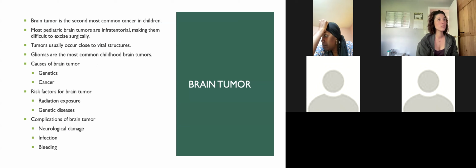Gliomas are going to be our most common brain tumors. They can be genetic causes. They can be caused by other forms of cancer that metastasize. Our risk factors are going to be radiation exposure and those genetic diseases. Complications are neurologic damage, infection, and bleeding.